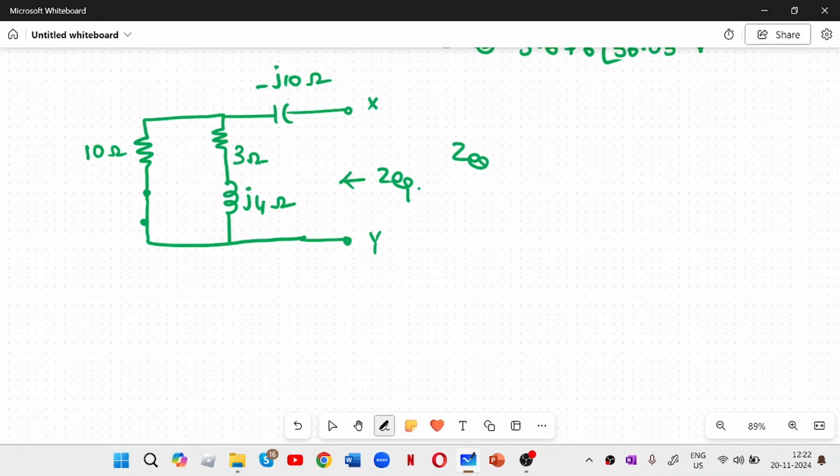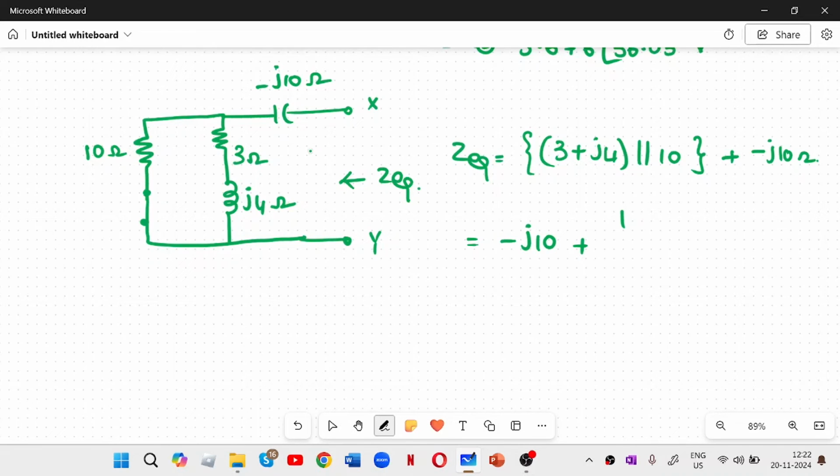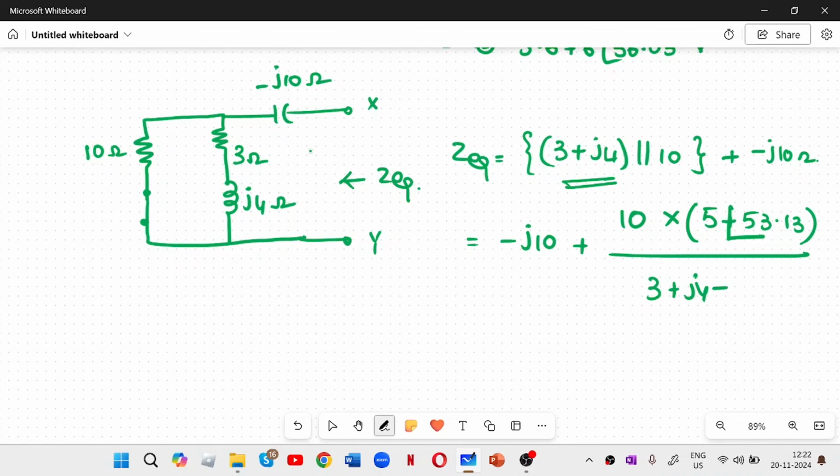So directly we can write Z equivalent is equal to 3 plus J4 in parallel with 10 ohm, that is in series with minus J10 ohm, right? So let us simplify this: minus J10 plus 10 multiplied by this, if you write it in the polar form, 5 at an angle 53.13 divided by 3 plus J4 plus 10, right?